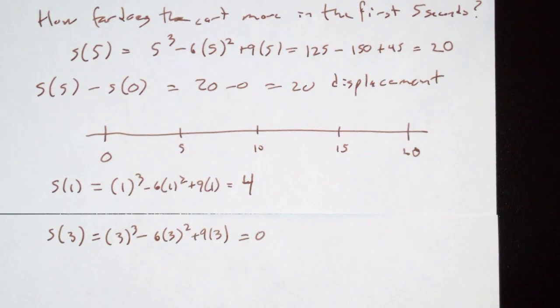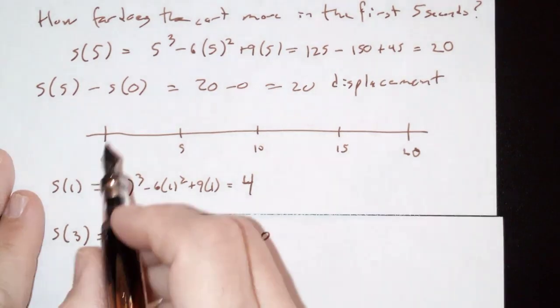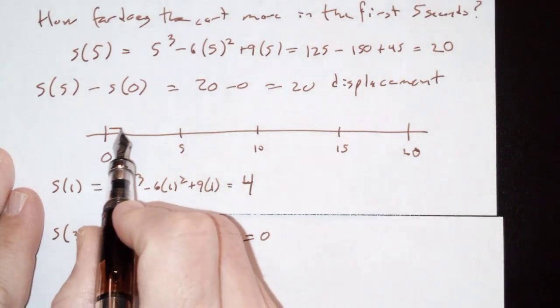And I'm only counting till time 5. So even though I'm not stopped at time 5, from time 3 on, I'm moving to the right. So really what I did is I did this.